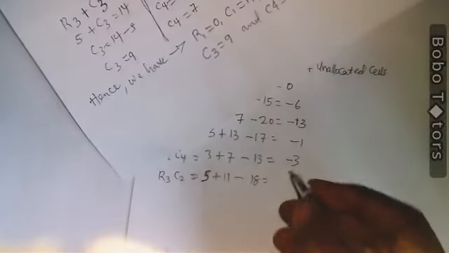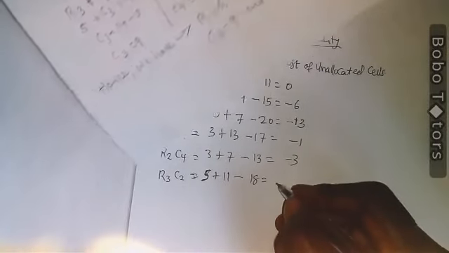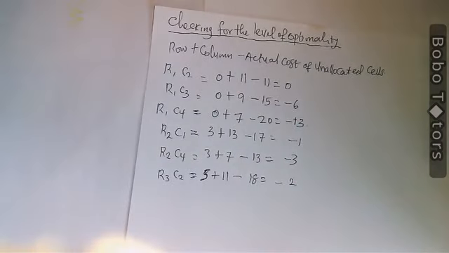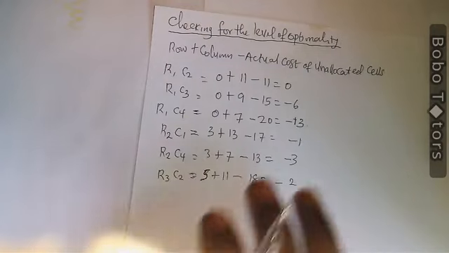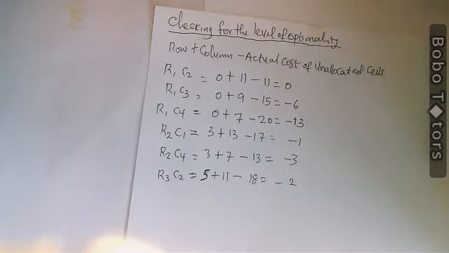So that will be minus 2. Now if you check this, there are no positive signs there. Definitely we've reached the level of optimality.